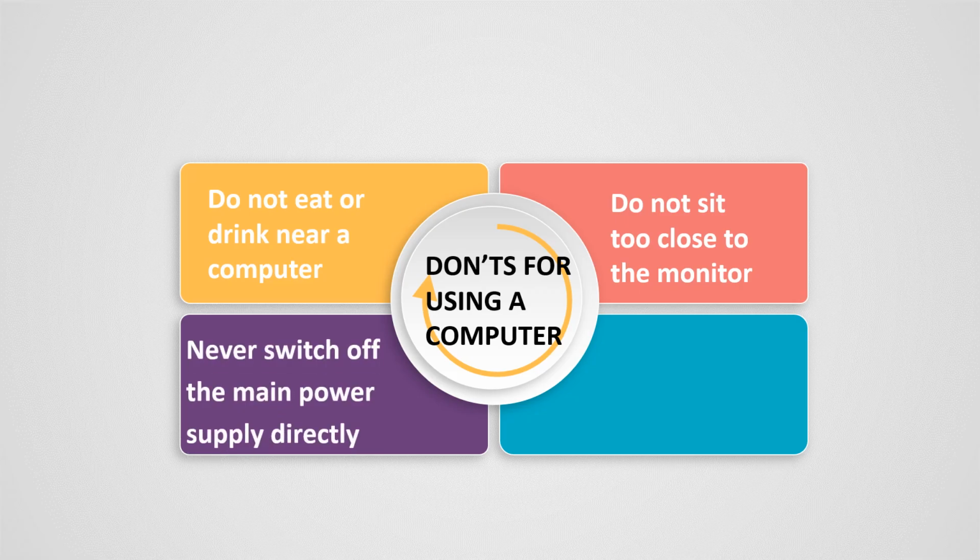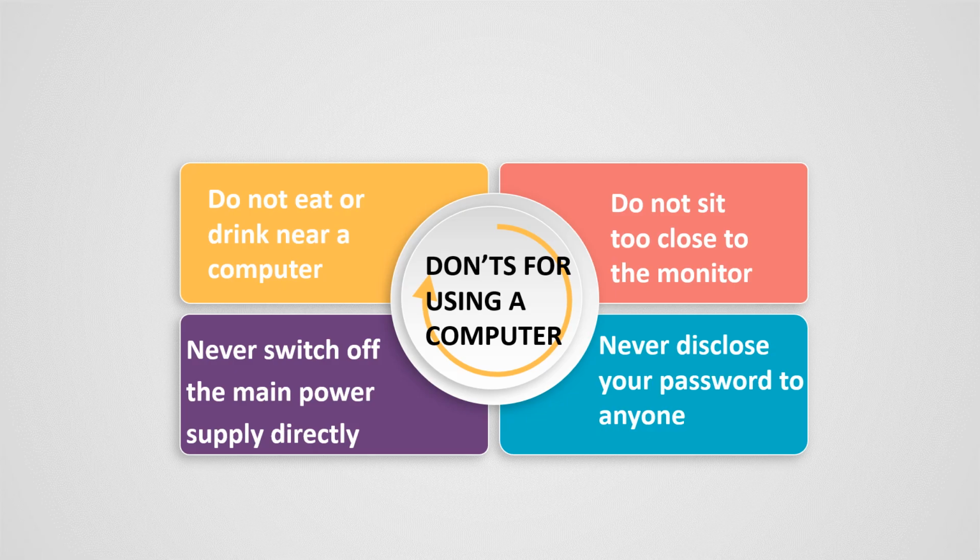Never switch off the main power supply directly. You should never switch off the main power supply button directly without shutting down the computer. If you will do so, then it may harm your computer. Never disclose your password to anyone.